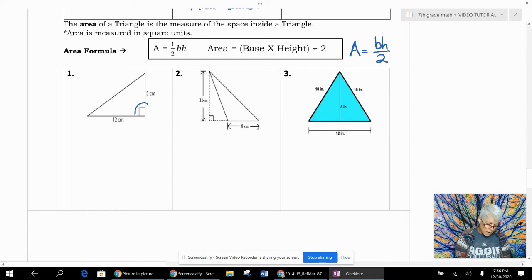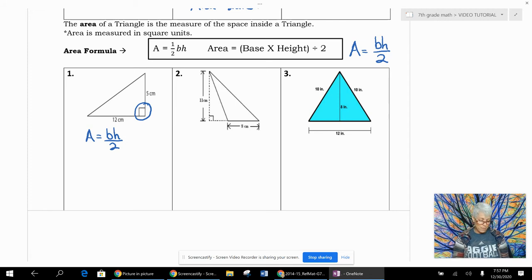So here's my right angle. Area equals base times height divided by 2. Now I'm going to tell you, all the time students are forgetting to divide by 2. I don't want you to be that student, so be very careful. If you start with the formula and you substitute the numbers in, you are less likely to forget, okay?